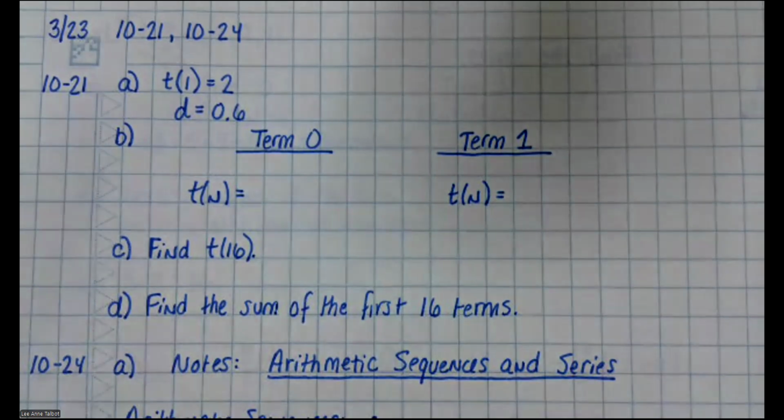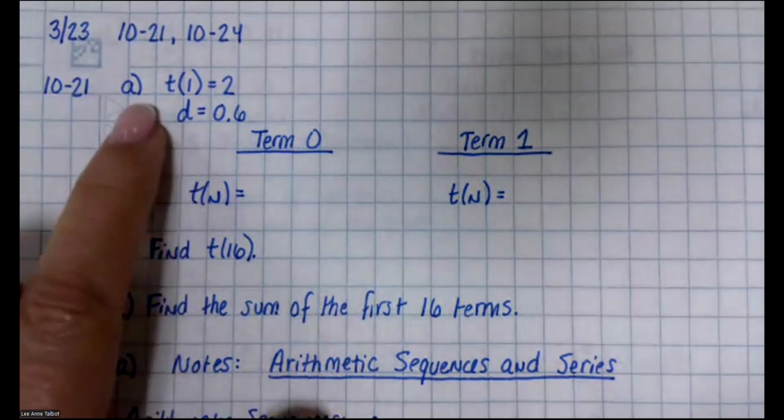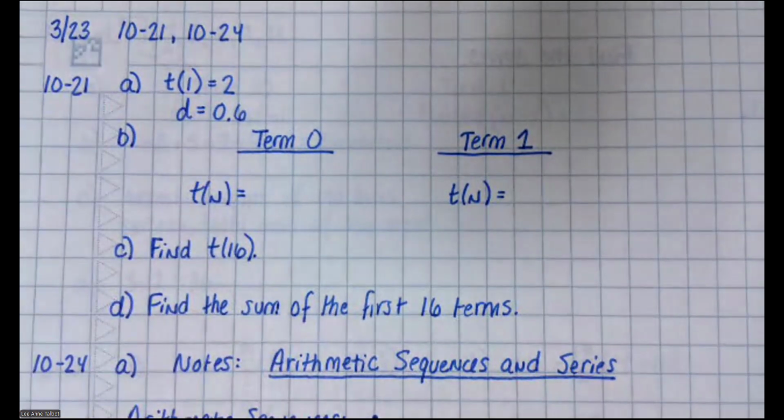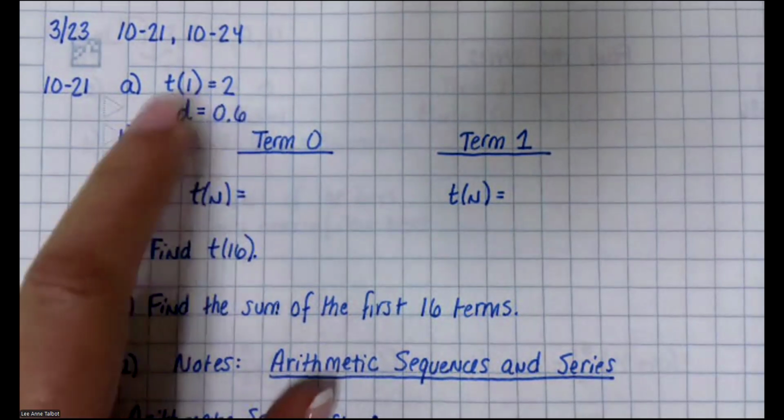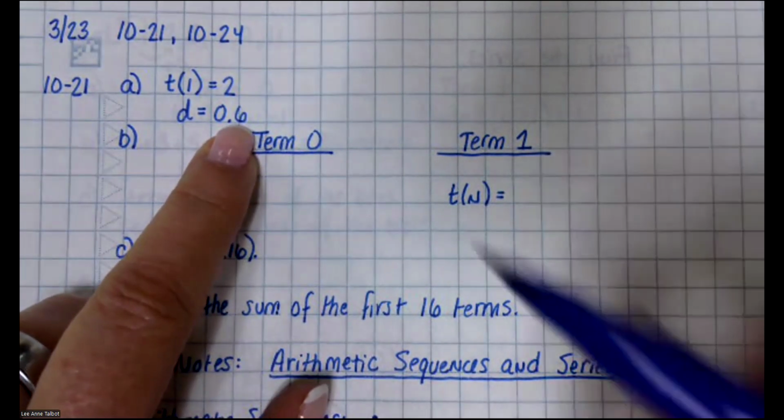Okay, starting with number 21. First, it's telling you, pretend that you're just walking into this chapter and you've never seen it before. The first term is 2, and the growth is 0.6.